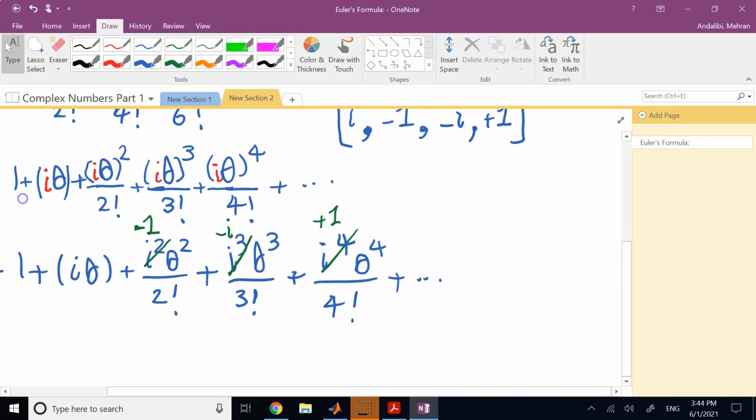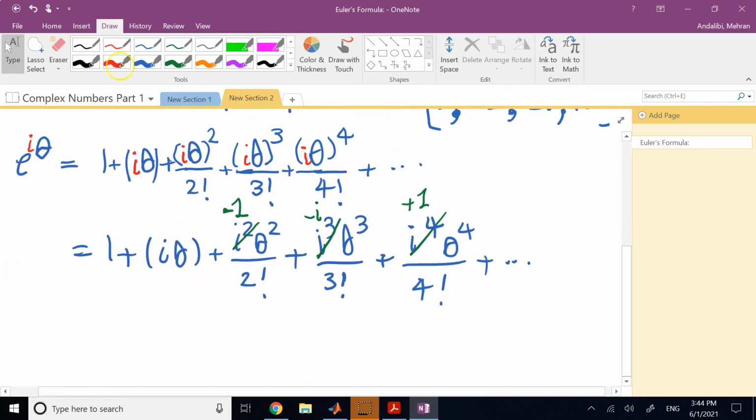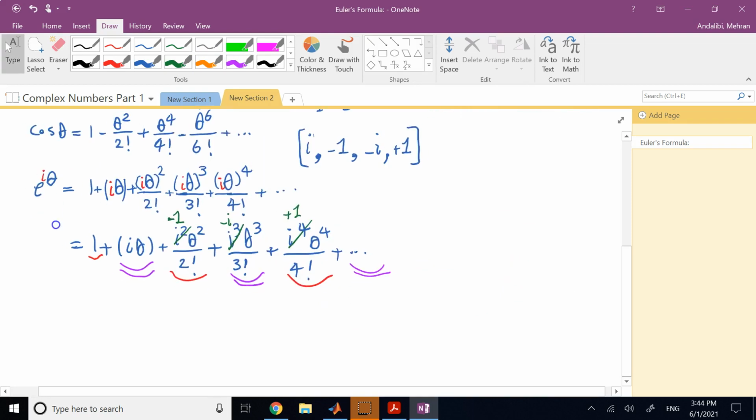So now if you look, some of these terms are real. Some of them are imaginary. This is real, this is real, this is real. And on the other hand, this guy is imaginary, this guy is imaginary, and definitely the power 5 is imaginary.